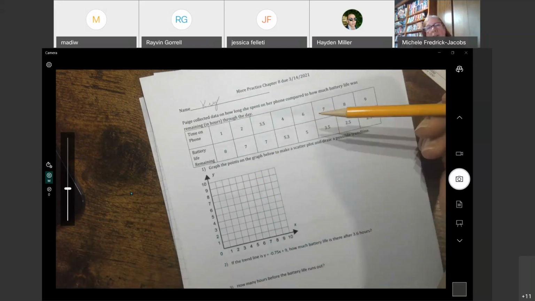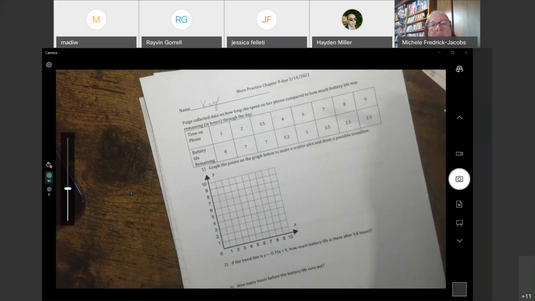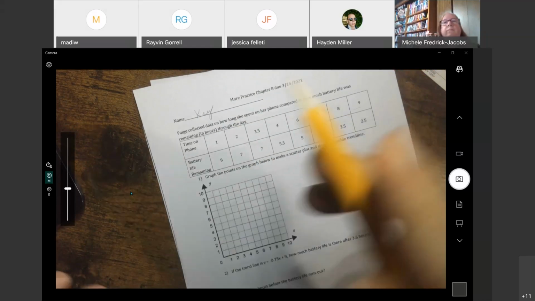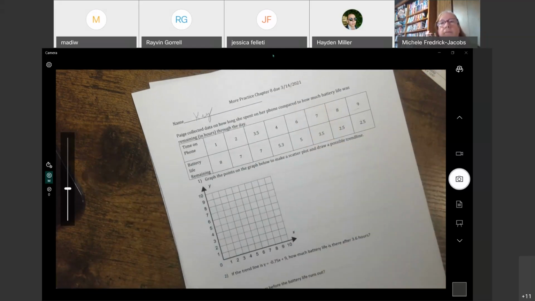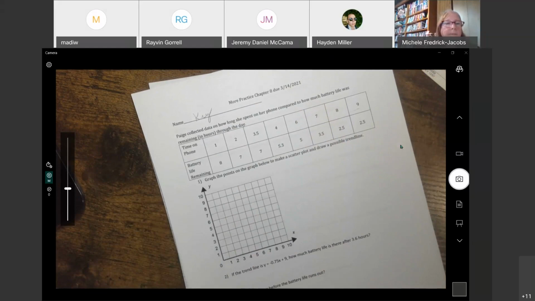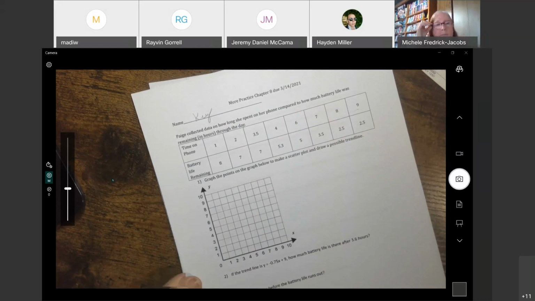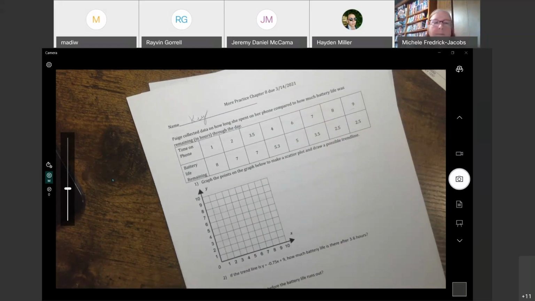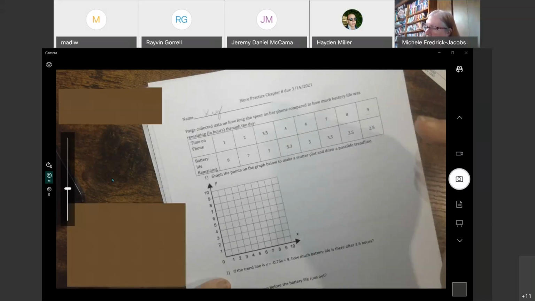Would it be a positive or negative relationship? Negative. Yep. Okay.